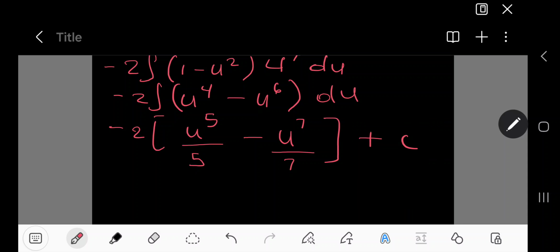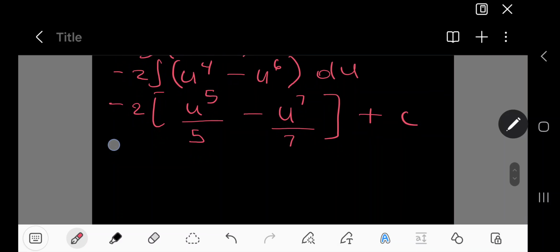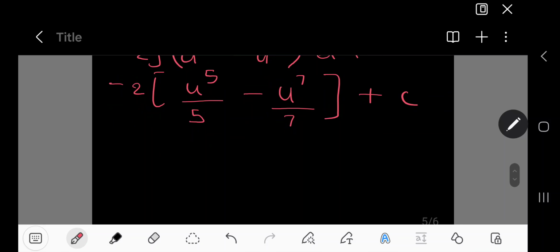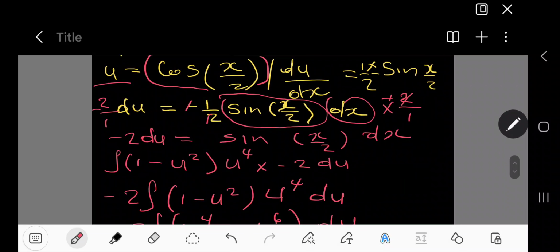plus c. Now we can bring back what was u, and what was u really? Minus 2, u was cos x over 2.